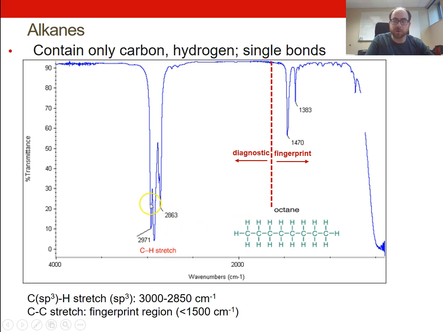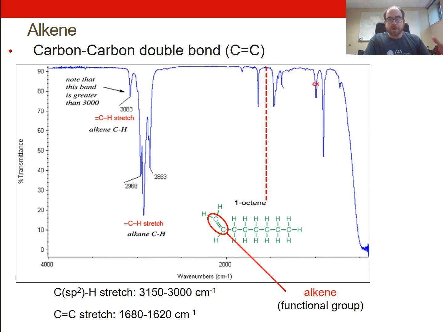And the reason why there's multiple peaks, not just one peak, is there are different bond strengths of these various different carbon-hydrogen bonds. But importantly, if we have an alkane, all of the peaks will occur between roughly 3000 and 2850.